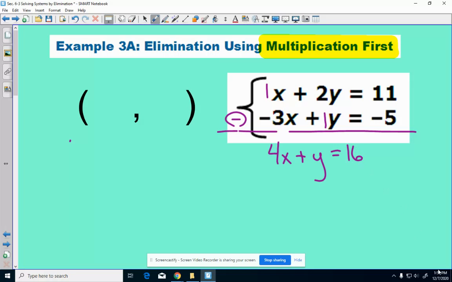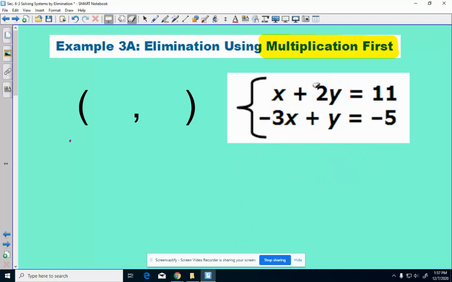So again, I don't have anything that eliminated, so it didn't help me. So that's why the heading here does not say addition or subtraction, but in this case says we're going to multiply first, because what we need to do here is get that elimination ready to happen.